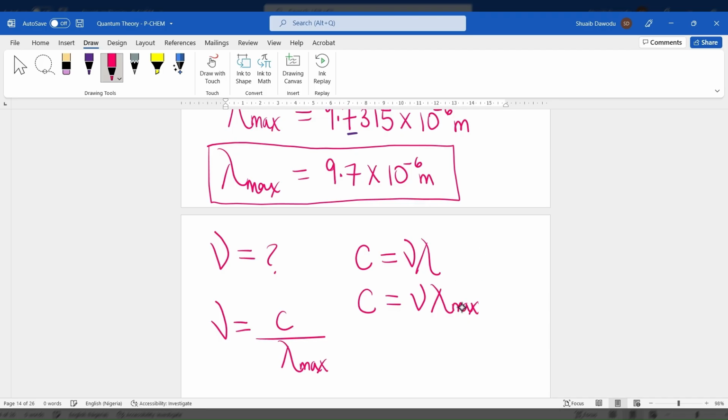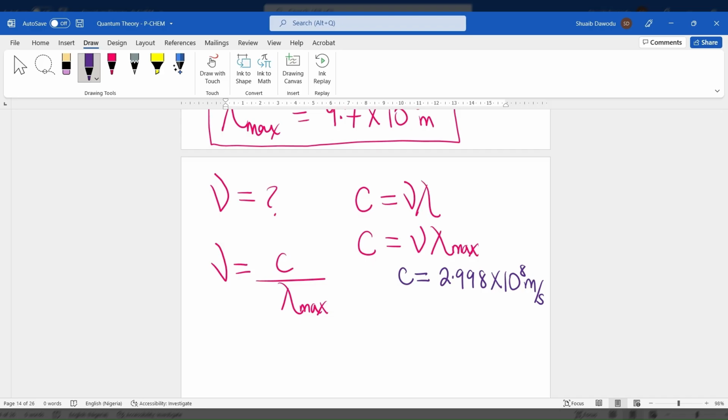Now, before we do any form of substitution, we have to note that c is the speed of light. So it is basically 2.998 times 10 raised to the power of 8 meters per second, right? And then, of course, the maximum wavelength is 9.7315 times 10 raised to the power of negative 6 meters.